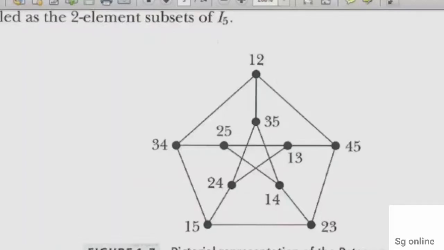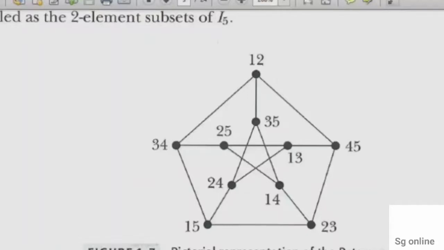So there are three numbers which are not included in these two, and they can be paired in 3 choose 2, that is three ways. So every vertex must have degree 3 and it is constant for the whole graph, so it is a 3-regular graph. Many other properties you can see for the graph.